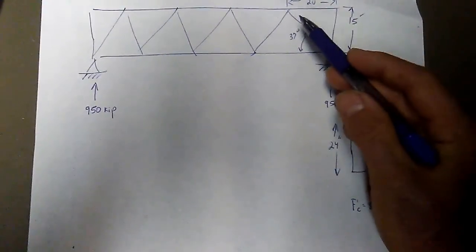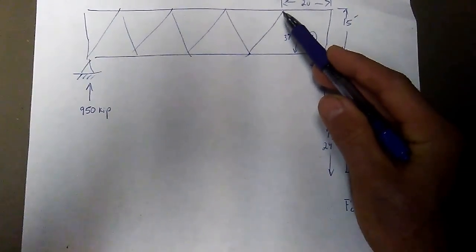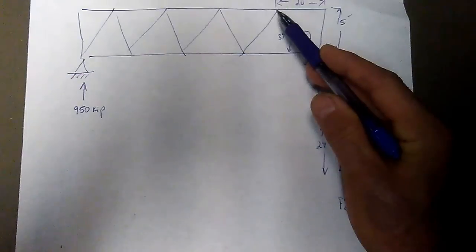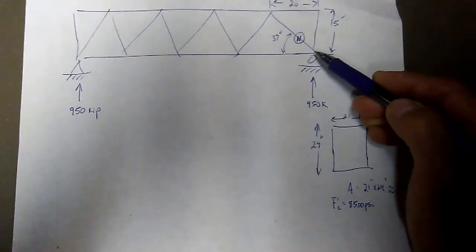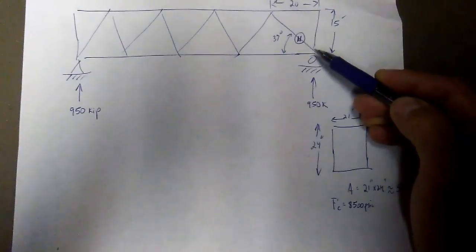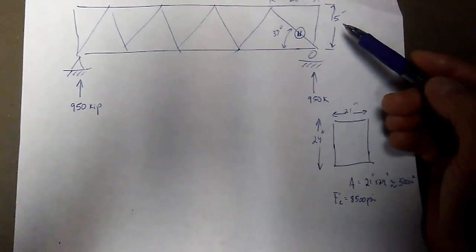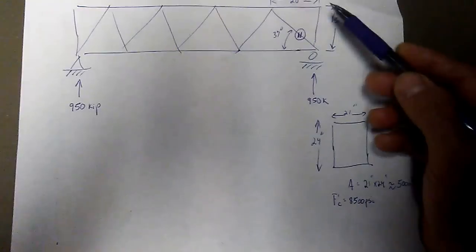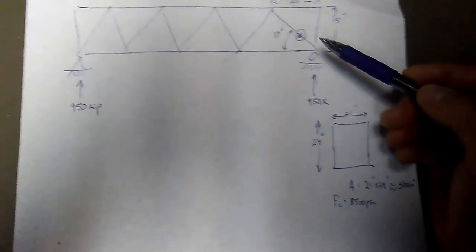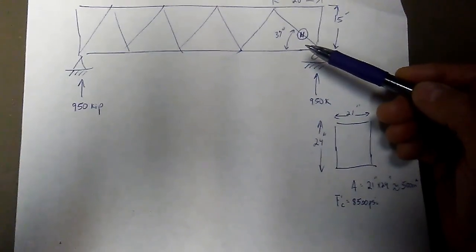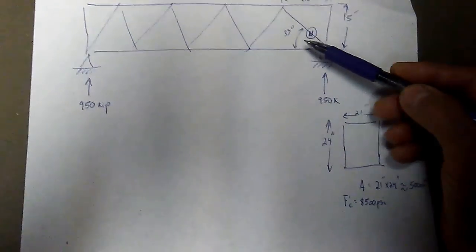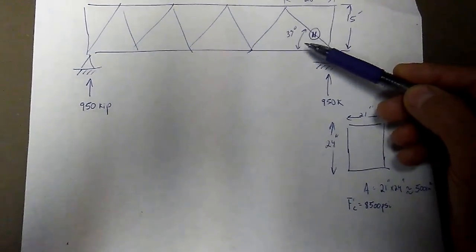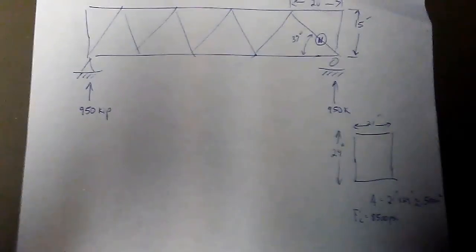We know the length from the point where the diagonal meets the top of the canopy to the bottom of the diagonal at the support is approximately 20 feet. So if I take these two numbers and do some basic geometry, opposite over adjacent, we're looking at tangent, we get a value of 37 degrees approximately. So the angle of the member with the horizontal is approximately 37 degrees.